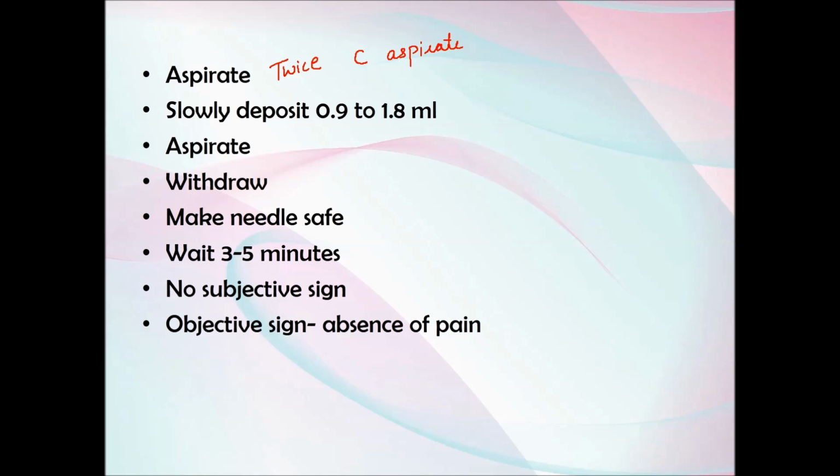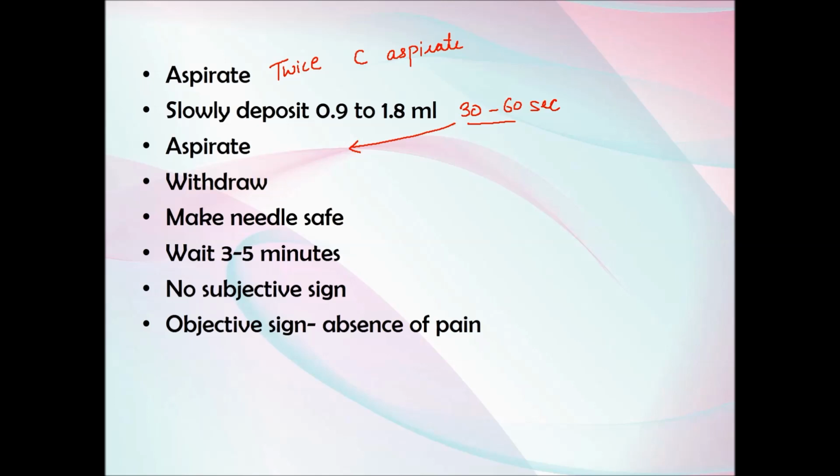You will inject 0.9 to 1.8 ml over a period of 30 to 60 seconds. During this period you will aspirate again, at least once, to check that your needle is not in a vessel, in case it has moved a little bit.